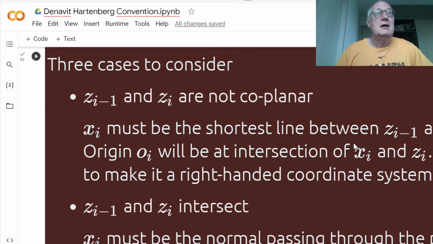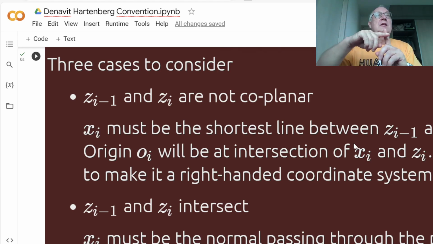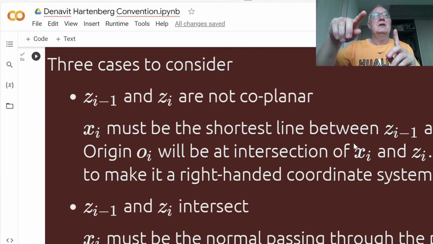And then y_i can be assigned by just making sure that it's a right-handed coordinate system. So if the two axes are not coplanar, there's no freedom left. There's only one choice for the x-axis, perpendicular to both z-axes, and that fixes the origin of the coordinate system O_i.